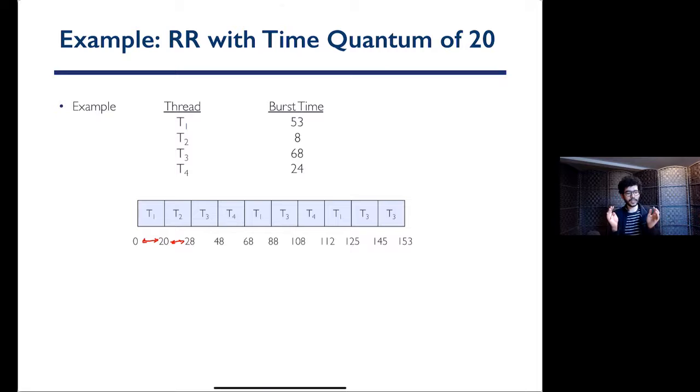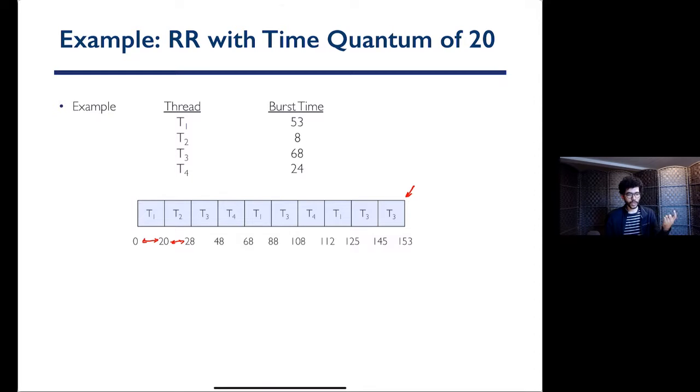It's just the order that is illustrated with these boxes. The length of these boxes is not indicative of how much this task has run. For that, look at the numbers. Okay, so with that, let's run round robin.